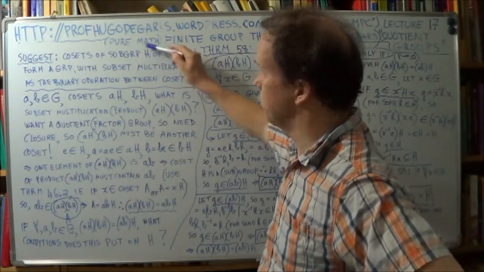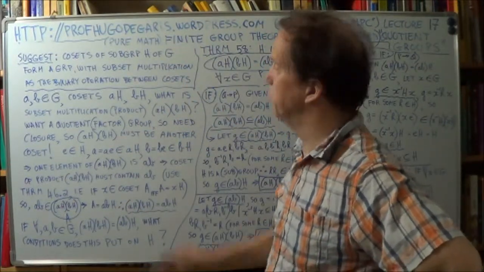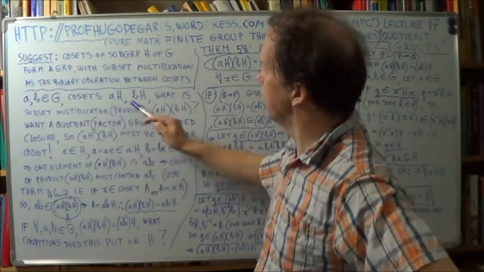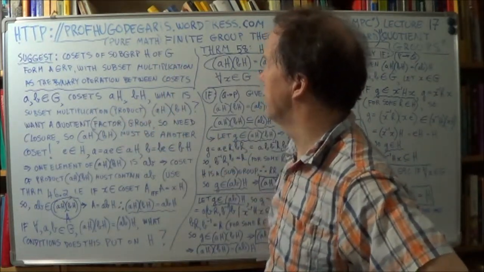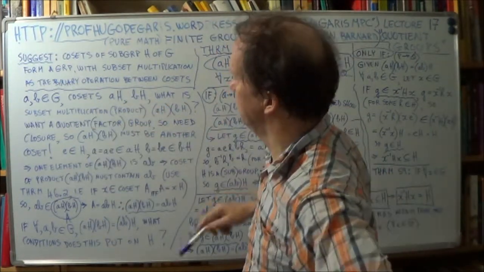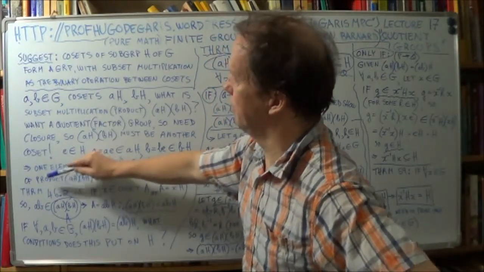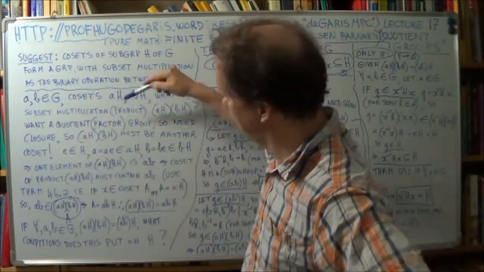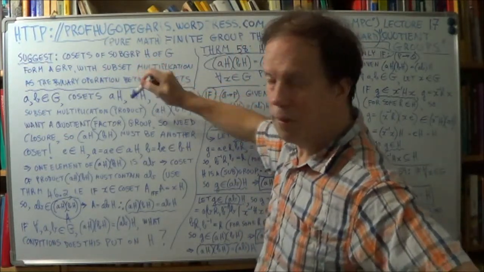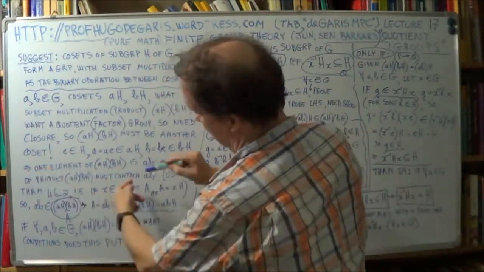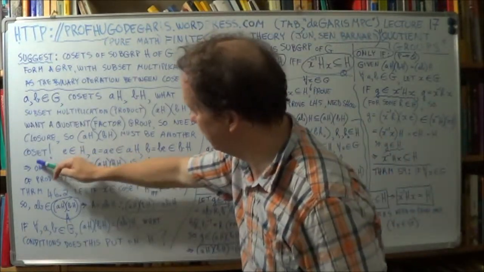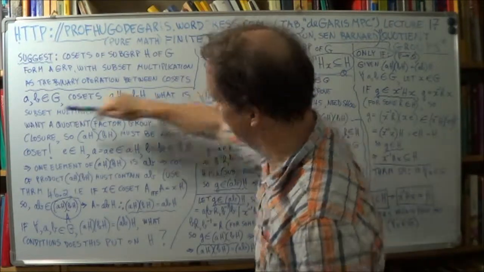Okay, so let's take any two members of your group. Now we've assumed you've chosen your subgroup H, so you assume you know your H. So you'll have cosets AH and BH, right? So if you're forming your group table, you have AH, that's one element of your quotient group, in the column, and you have BH in the row up here, and then you have to find the entry in the group table for AH in the column and BH in the row.